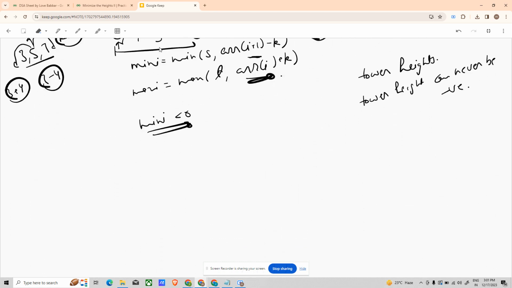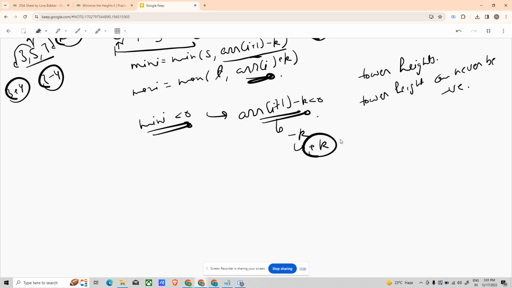If smallest is a positive number and mini is negative, that means ARR of I plus 1 minus k is a negative number. Alright, so we have to discard that, because if it is a negative number, then the transformation of minus k cannot happen on this index. On the I plus 1 index, it has only the option of plus k. The option of plus k would be implemented in the next step when I changes to I plus 1. Okay, so if mini is less than 0, continue. Move to the next step.